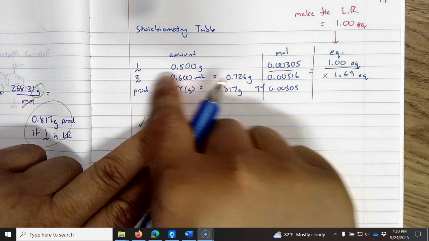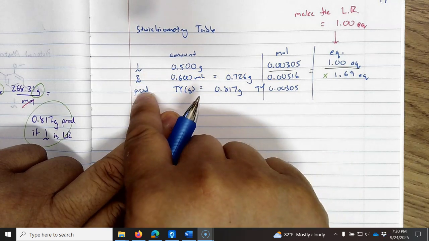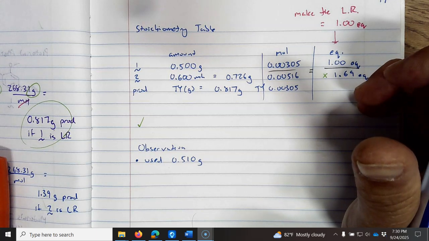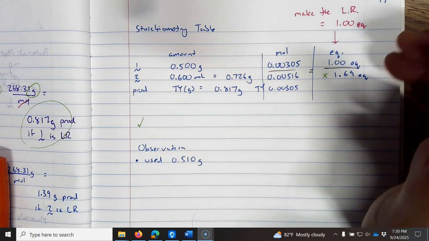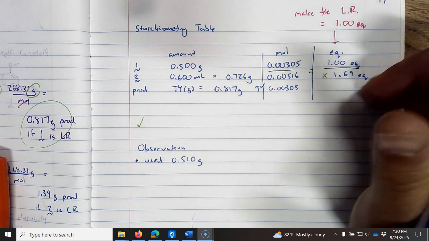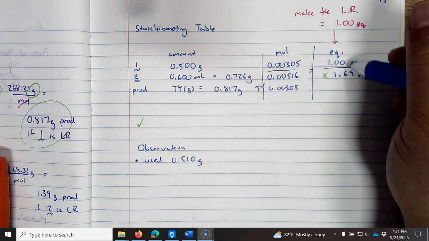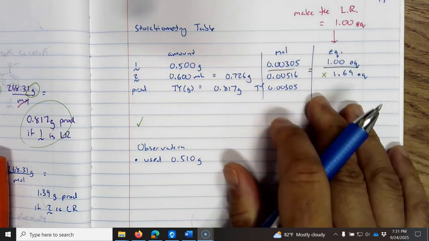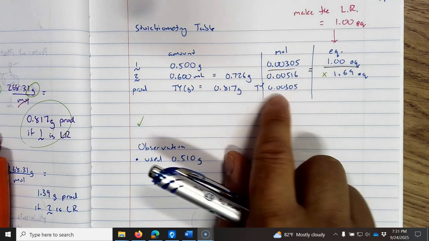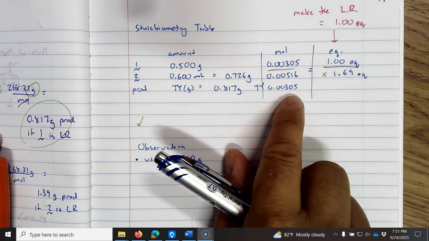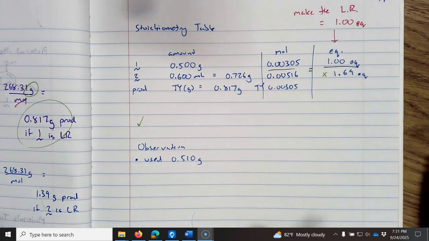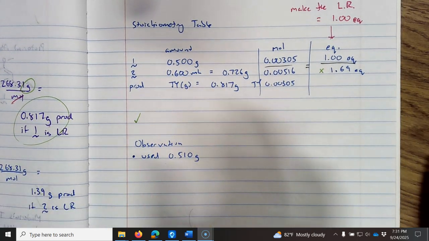For every 1 of this, we get 1 of the product. But it's not really an important piece of information to know the equivalence of the product. The equivalence between these two is what's important to know. So go ahead and fill in your theoretical amount in grams and the theoretical amount in moles, and that should be fine. Alright, so that is the pre-lab.